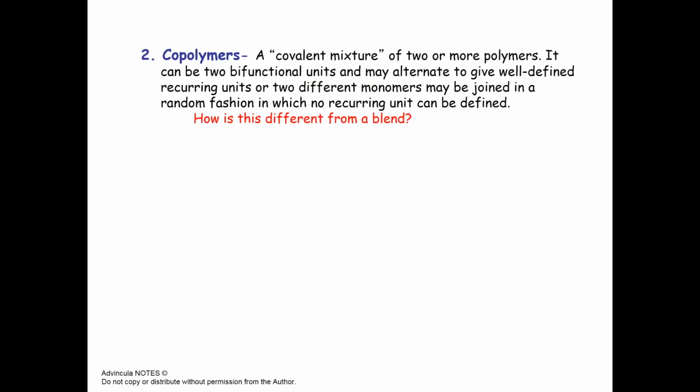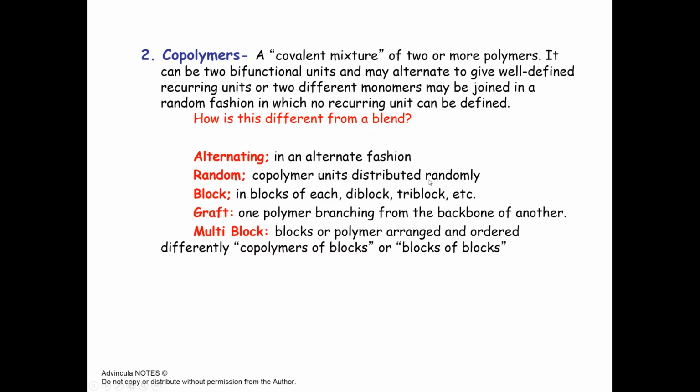Now, a copolymer is essentially a composition made up of two or more base units, or a covalent mixture as opposed to simple mixing, meaning these monomers are connected to form a new polymer.